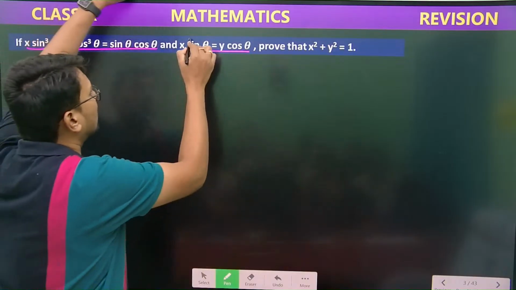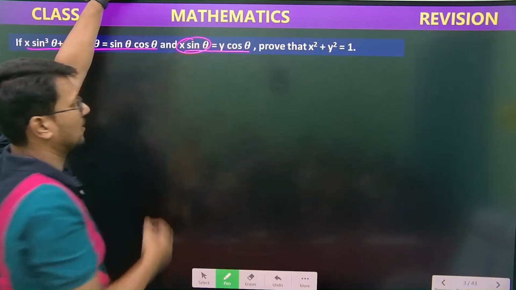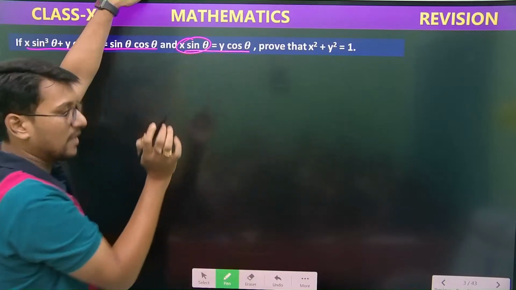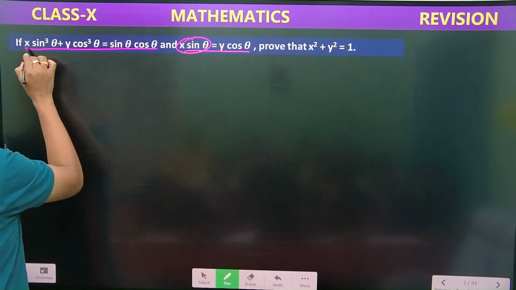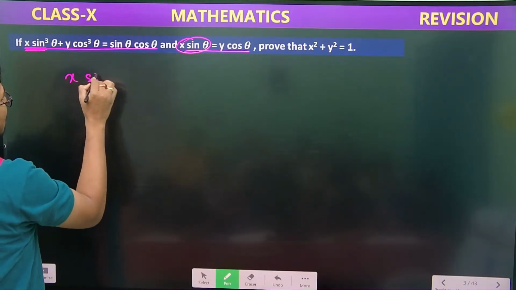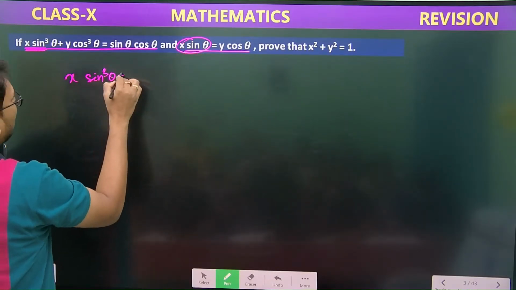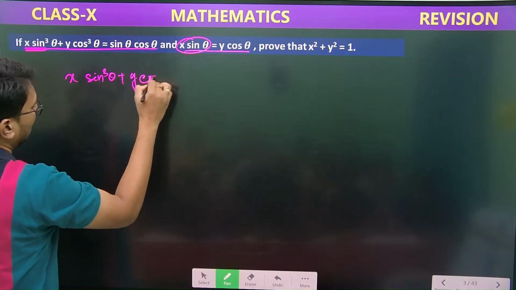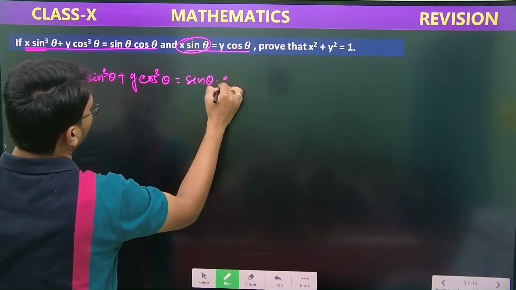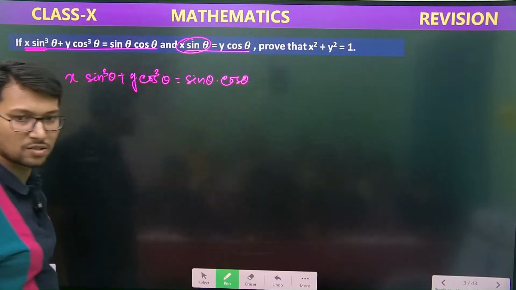Now just have a look. Children, x sin theta is how much? It is y cos theta. X sin theta is y cos theta. Now here x sin cubed theta plus y cos cubed theta equals sin theta into cos theta is given.